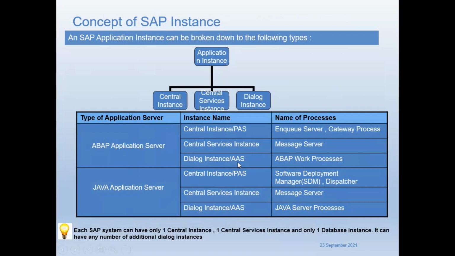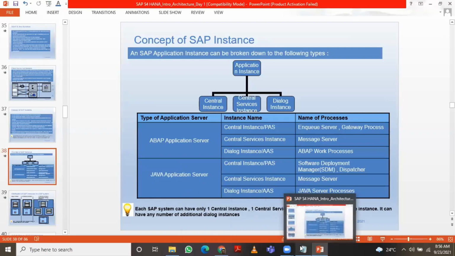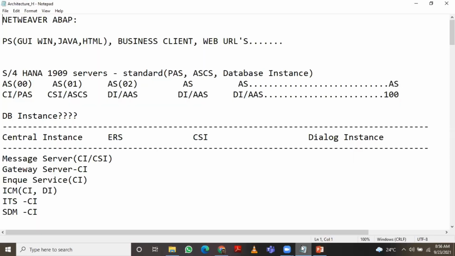Next, dialog instance. Dialog instance can be called additional application server. This is the latest terminology. Right from HANA, we are calling it additional application servers. Let me open the notepad. See this carefully, guys.